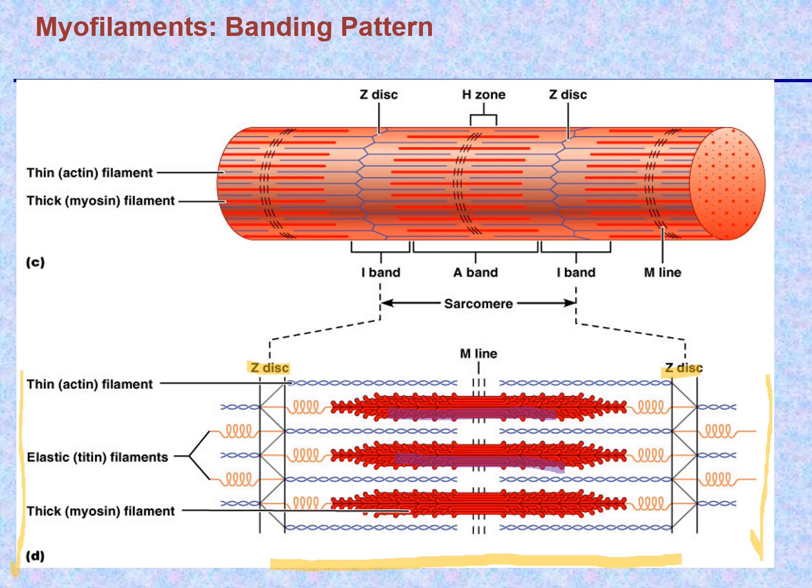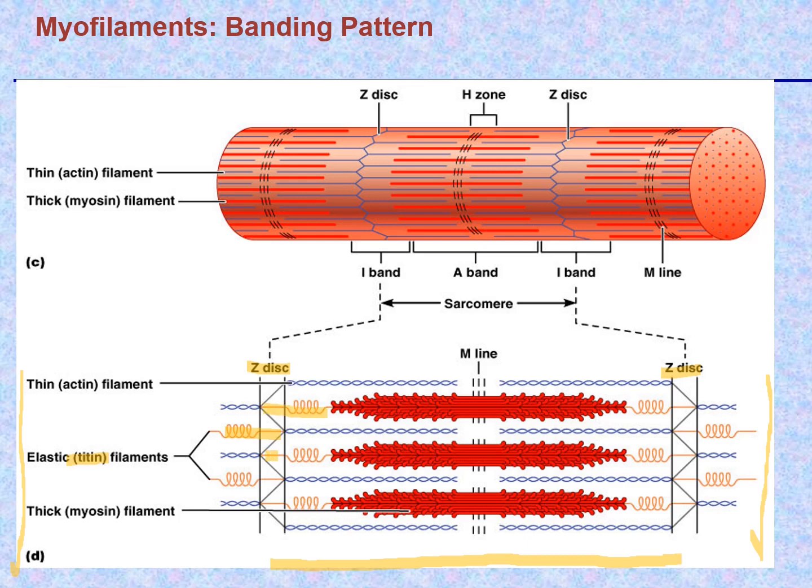And you have thin filaments also, which are made up of the protein actin. At the ends of the sarcomere, you have a particular type of protein which has elastic properties, called titin. These titin filaments are actually the largest protein in the body.